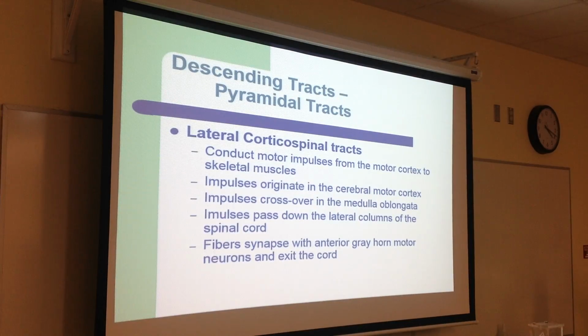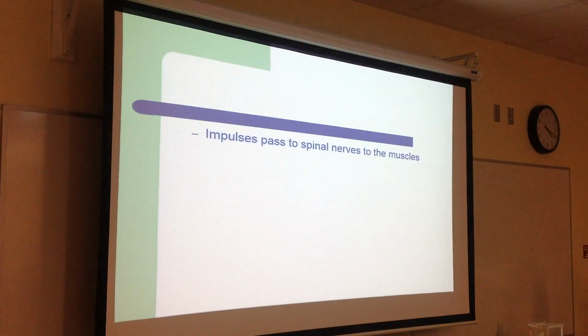So, if you're moving something on the left, it originated on the right or vice versa. Impulses pass down the lateral columns of the cord, fibers synapse with motor neurons in the cord that are located in the anterior gray horn and exit the cord through the ventral root this time, and pass out to the appropriate muscles.